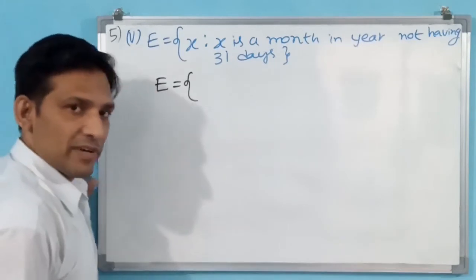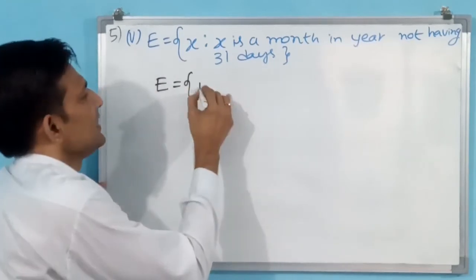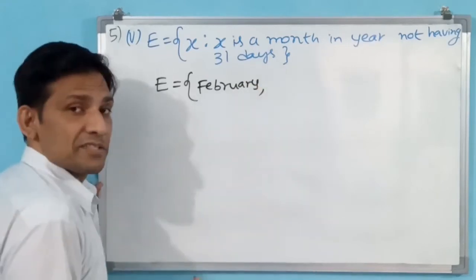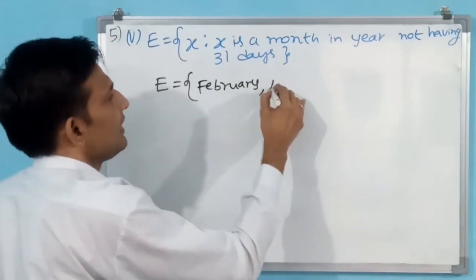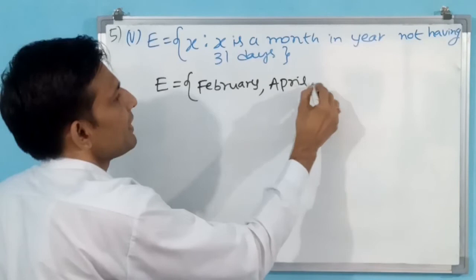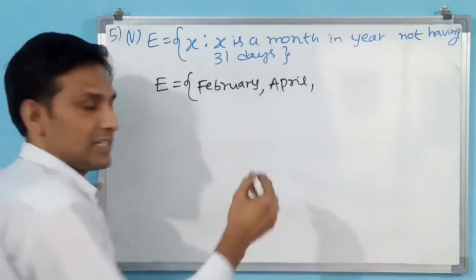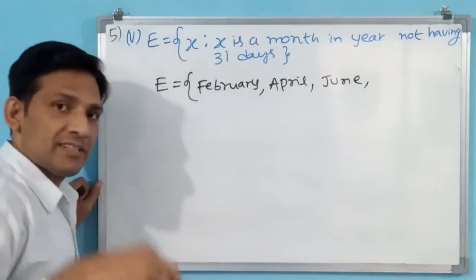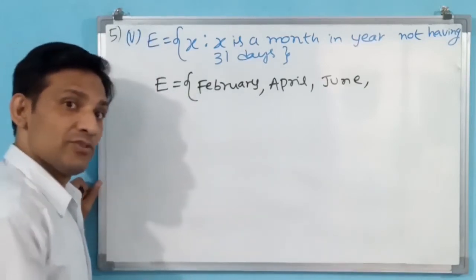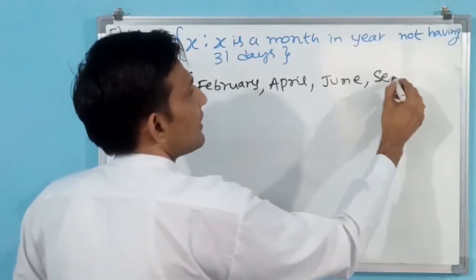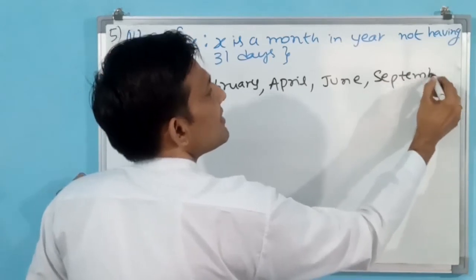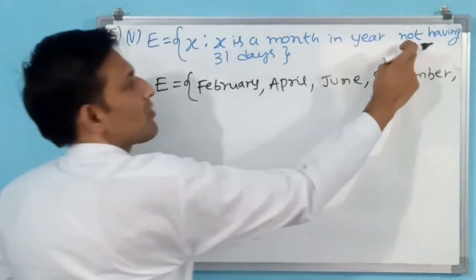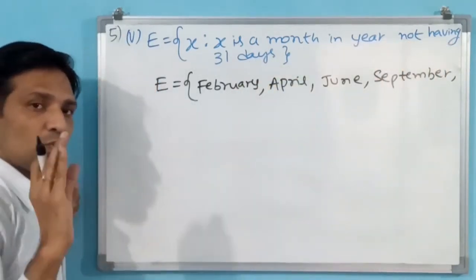Okay, January 31 days, February, March 31 days. Next April. May 31 days. Next June. July 31 days. August 31 days. September. Why? Because not having 31 days.